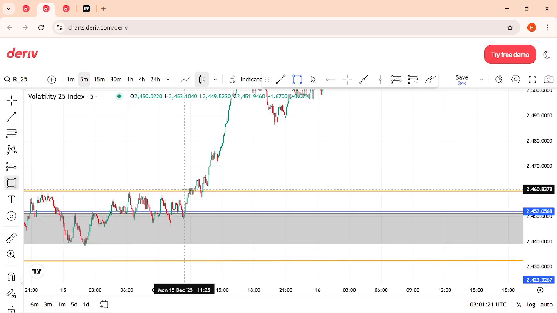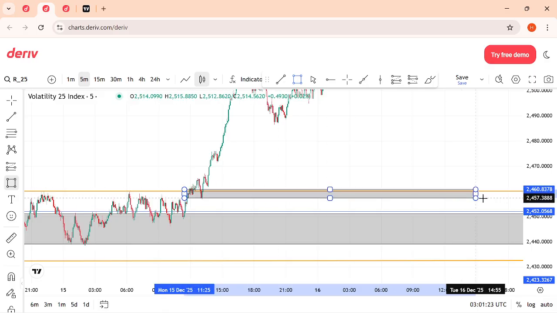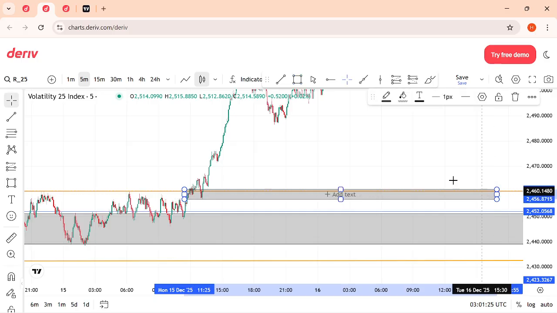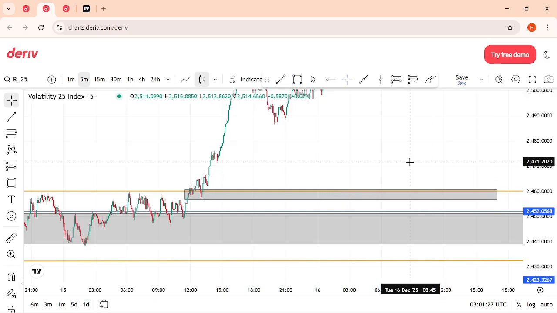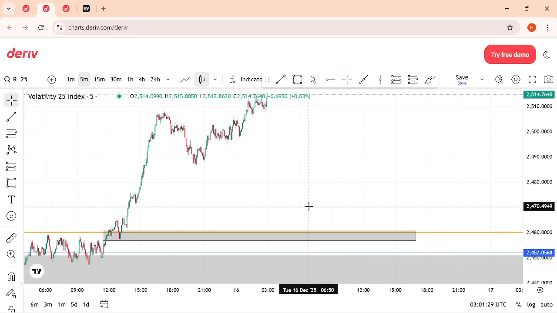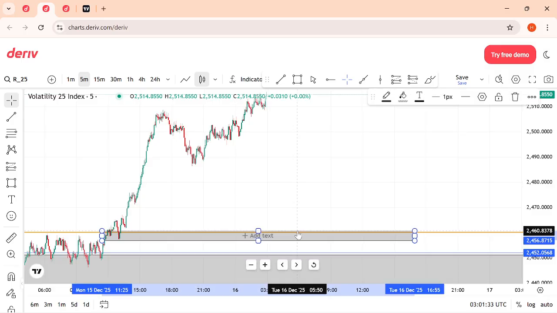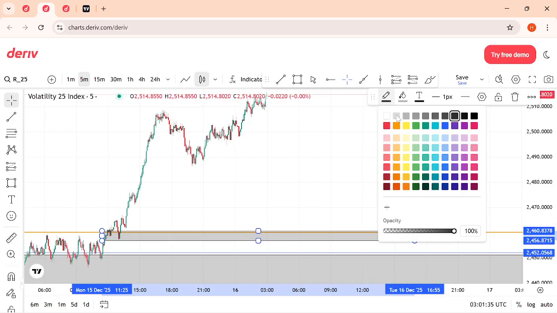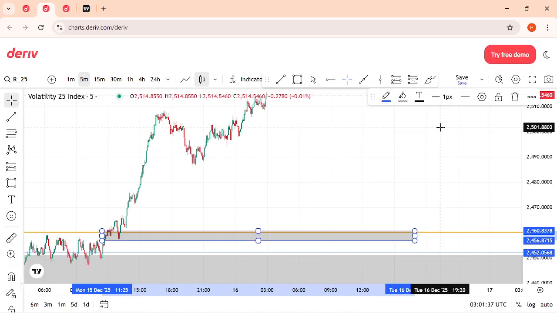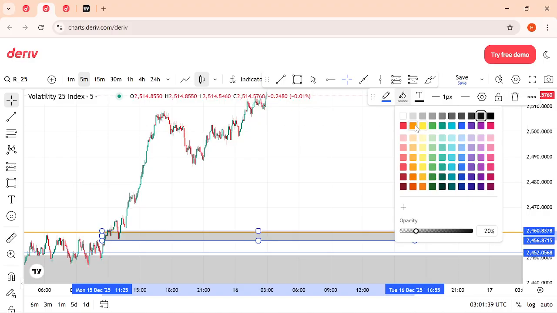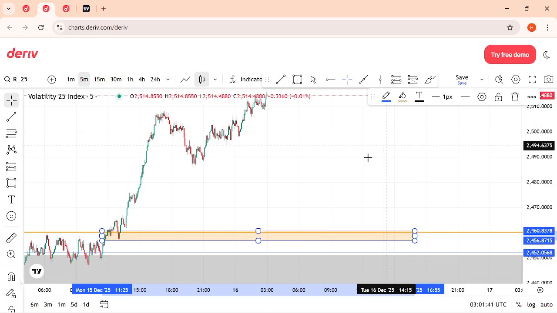This is where I would really want to see price react from. If it reacts from this point, it's going to do that with almost very little drawdown. If it reacts from here, we'll be getting very little or no drawdown, and price would rally to the upside.